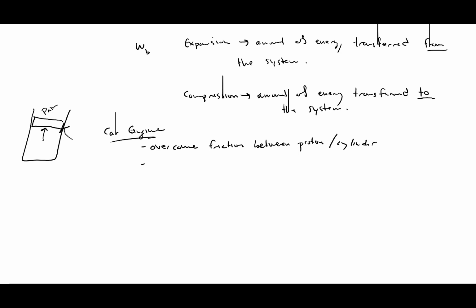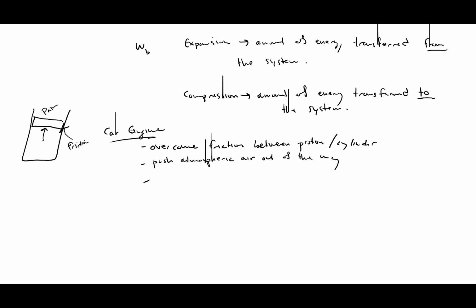And I'm just going to specify here, this is the friction. So there's friction between the piston and cylinder. And then we need to push the atmospheric air out of the way if we're expanding the gas. And then whatever we're using that work for.